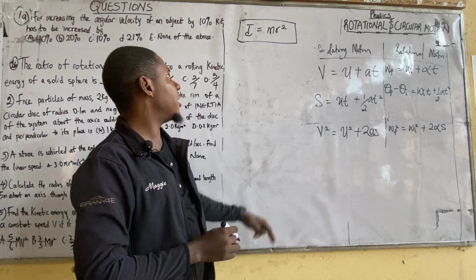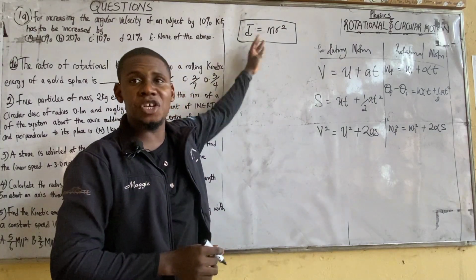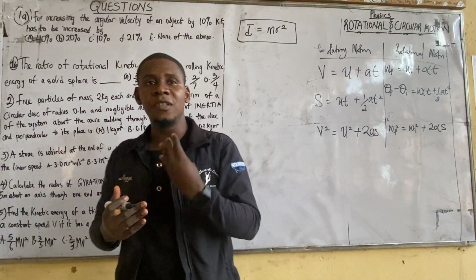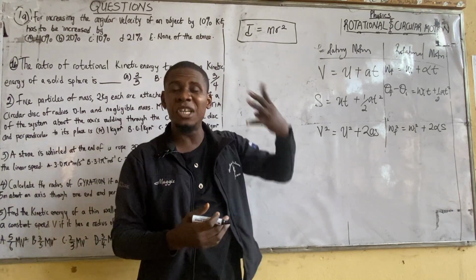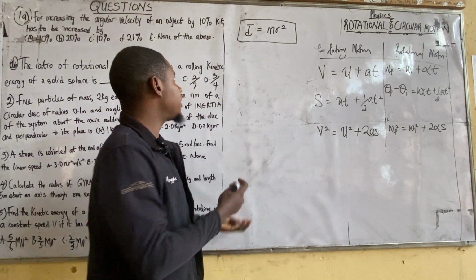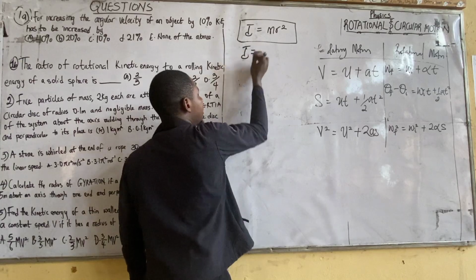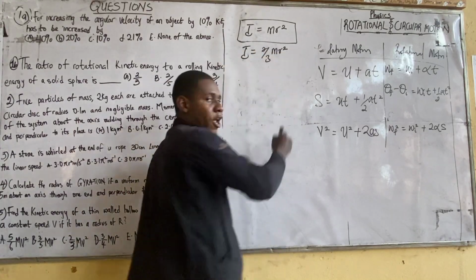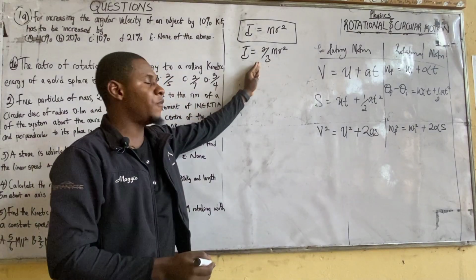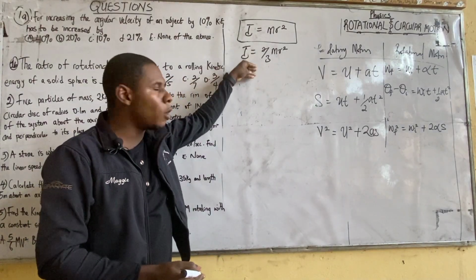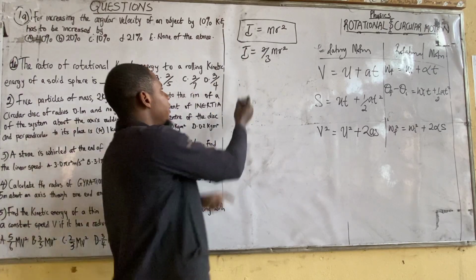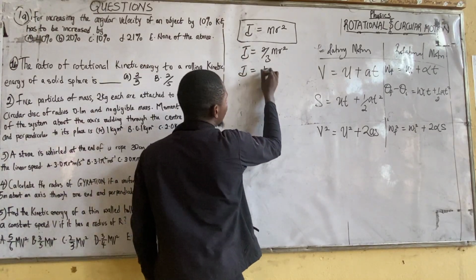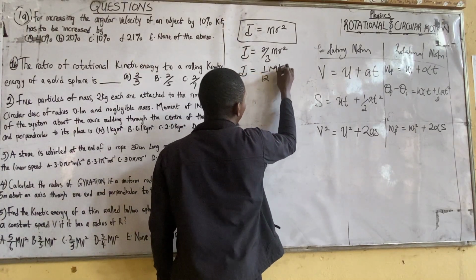This is the general relationship. Don't forget that. And if this is a moment of inertia, we have different moments of inertia for different bodies. For instance, the moment of inertia of a sphere is given to be 2/3 mr squared, while the moment of inertia of a thin rod from its center is given to be 1/12 ml squared.